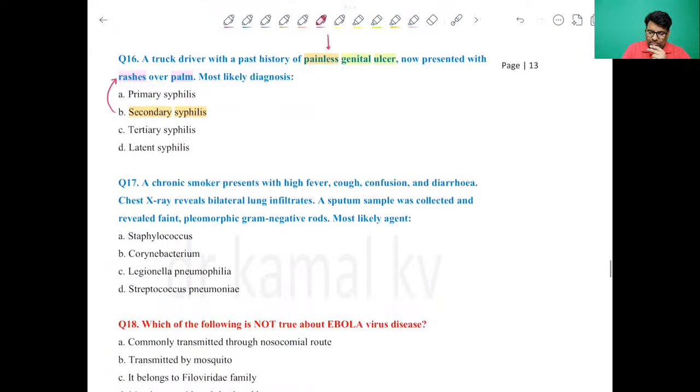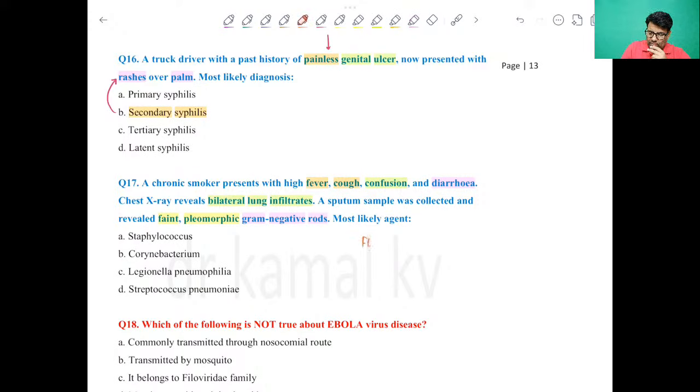Now next question: a patient has high fever, there is cough, there is confusion and there is diarrhea, and when the chest x-ray was done, it revealed bilateral lung infiltrates. Then the sputum was collected and it showed faint pleomorphic gram negative rods. Okay, so look at the clinical presentation here.